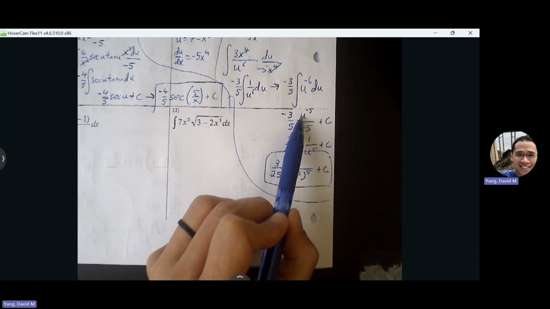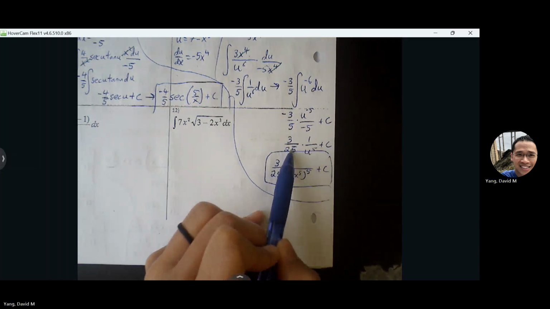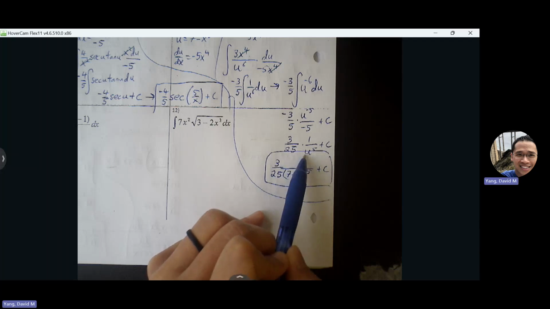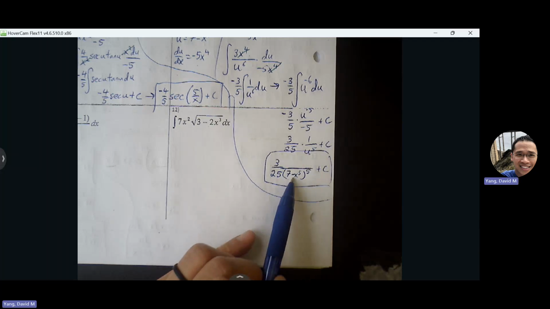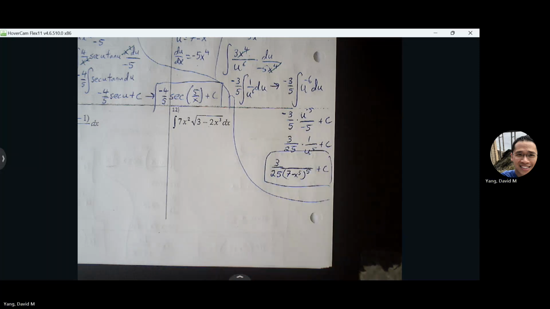Coefficients out in front, that u to the -5 back down to the denominator. You don't need to separate it. You can, but just make sure you bring your u back in terms of x. I just merged it back into the same fraction, but you don't have to.